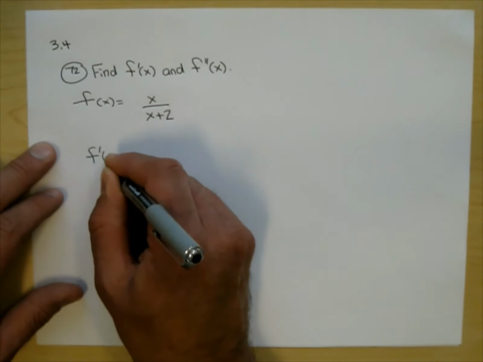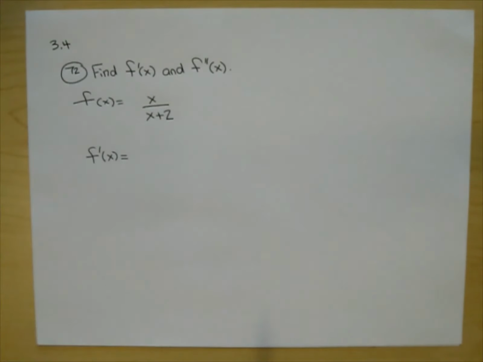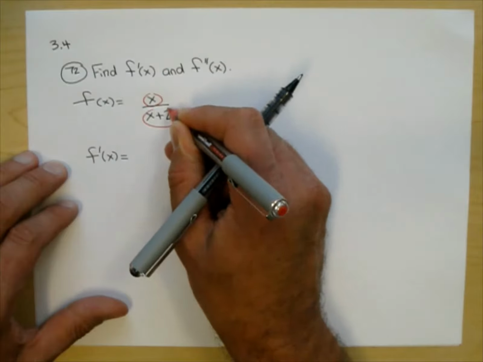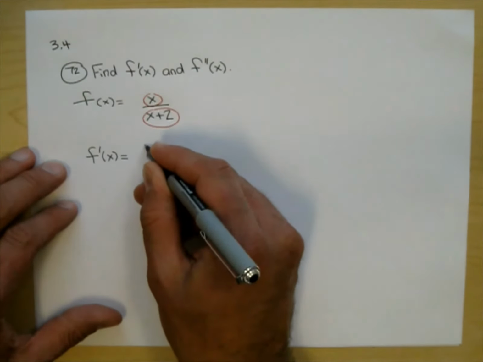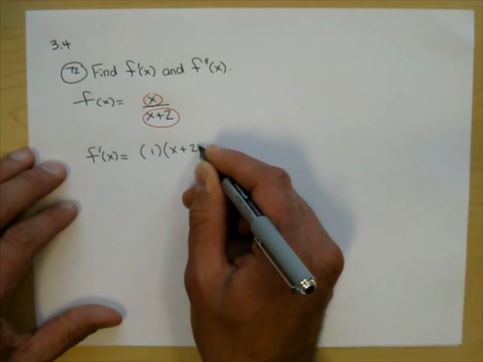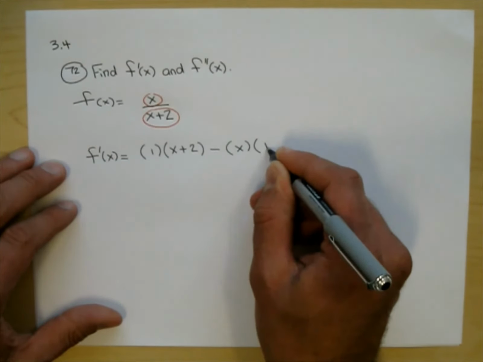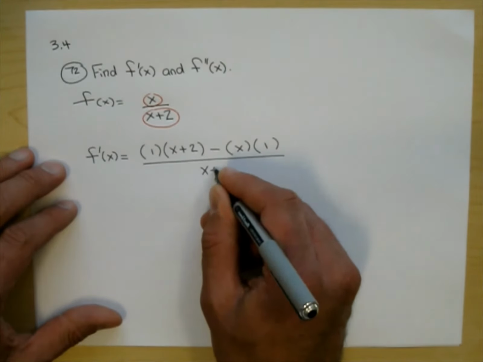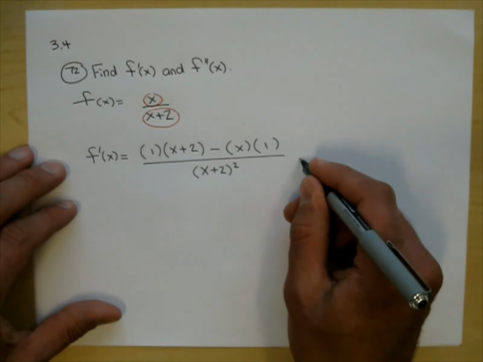Okay, the first derivative. I'm going to do the quotient rule. The quotient rule says the derivative of the top times the bottom minus the top times the derivative of the bottom all over the bottom squared. Okay, so what do I have on the top?